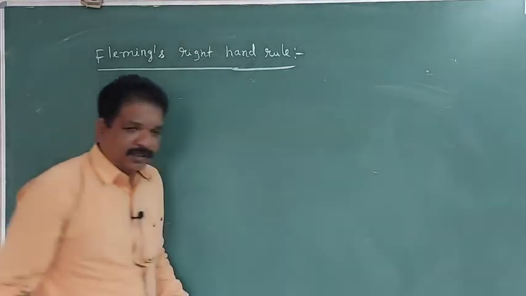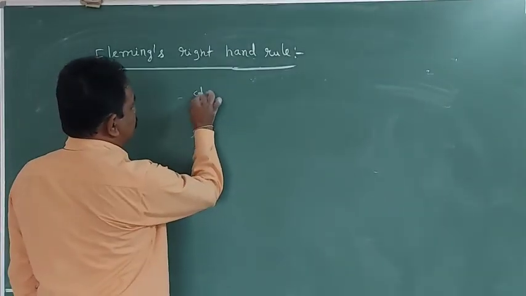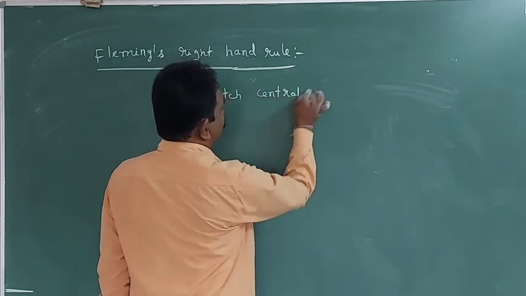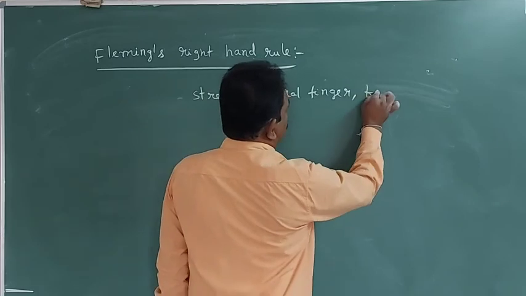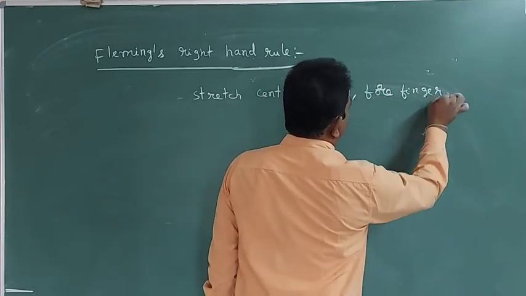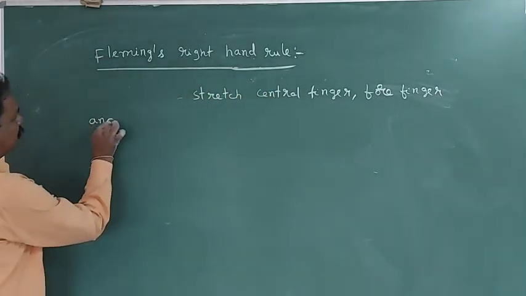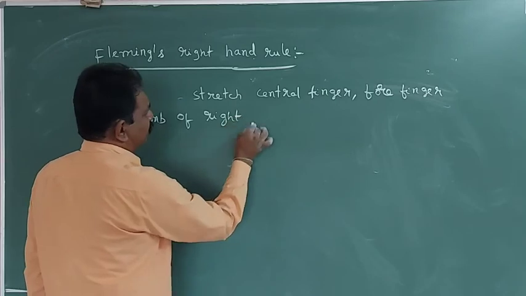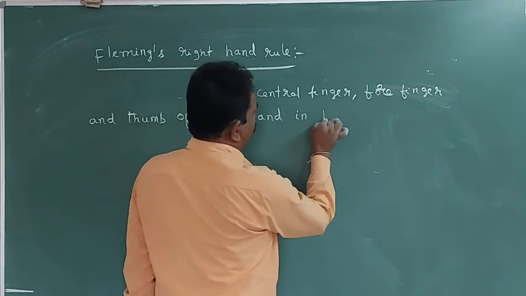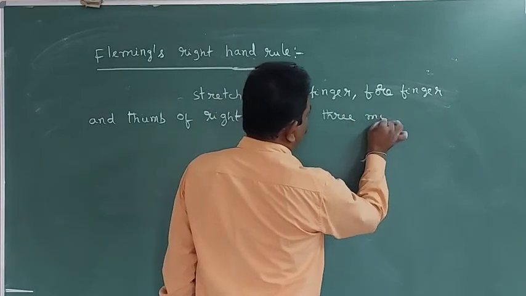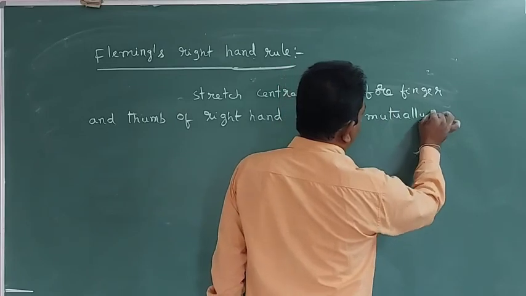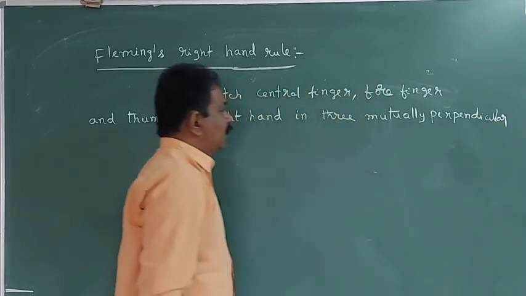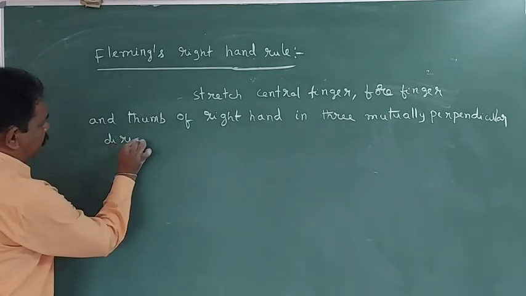So write the statement. How to write this statement: stretch the central finger, forefinger and thumb of the right hand in three mutually perpendicular directions.